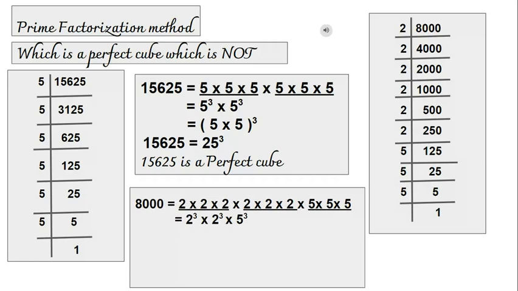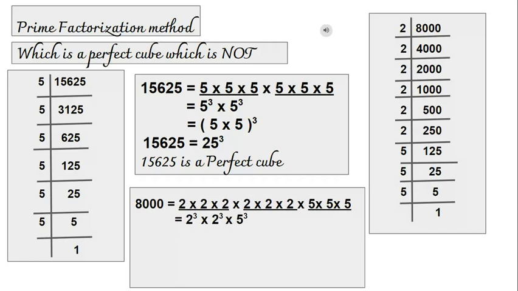Wherever we divide into groups of 3, you need to make sure that each group contains the same number. Like 2 into 2 into 5 cannot be one group, isn't it? One group should be the same numbers. If it is 2, then all three numbers should be 2 itself. If it is 5, all three numbers should be 5 itself. One group means the same number multiplied three times.